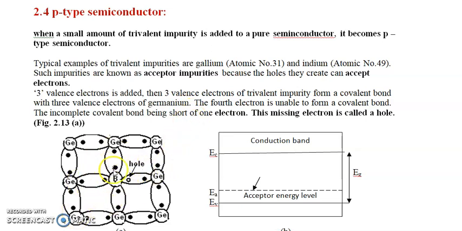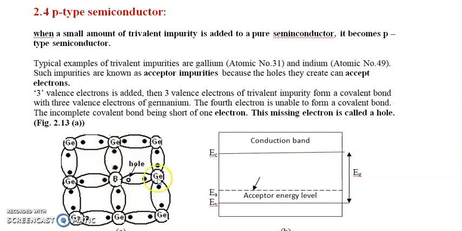In this figure, the impurity atom boron is added to the pure semiconductor germanium. Boron has 3 valence electrons. These 3 valence electrons form covalent bonds with the parent material germanium.